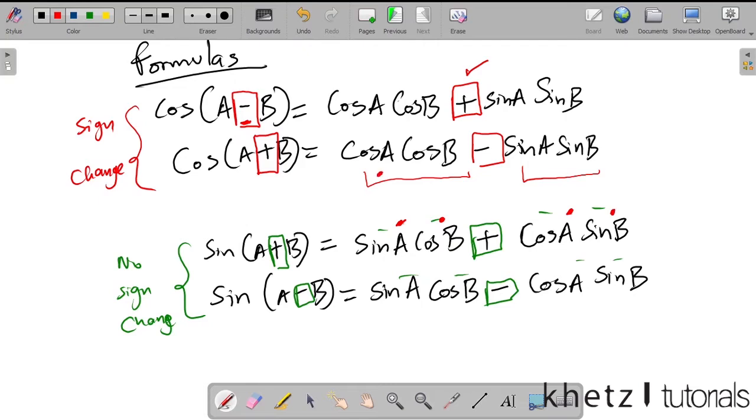And here you have the cosine of one angle multiplied by the cosine of the other angle, and here you subtract the sine of that and that. So two things you should note: the formulas themselves are different for cosine and sine, and secondly, for cosine you have a sign change, and for sine you don't.